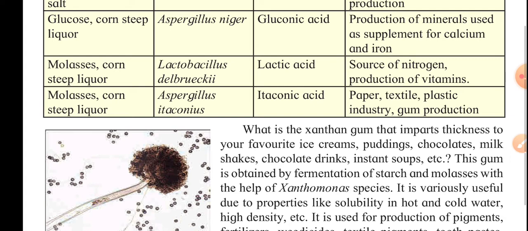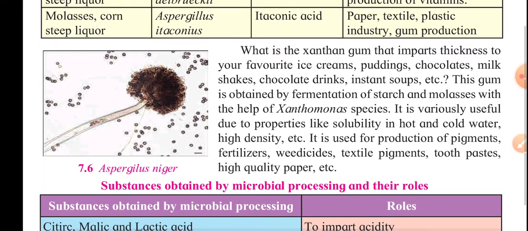Another is molasses, corn steep liquor, Lactobacillus delbrueckii, lactic acid, source of nitrogen and production of vitamins. Molasses, corn steep liquor, Aspergillus itaconicus, itaconic acid, used in paper, textile, plastic industry, gum production.